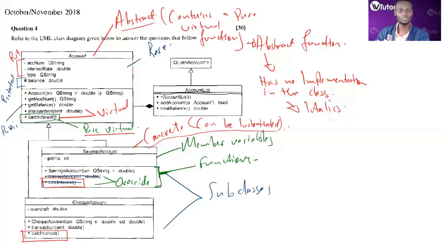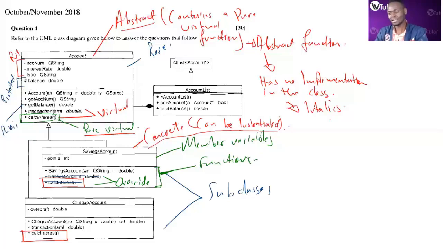So the moment a function becomes pure virtual, it must be in the subclass. It must be overridden by the subclass because it has no implementation in the base. How do you know that it's pure virtual? Because it's there in italics. How do you know that it's pure virtual? Because the class is also in italics. The class is abstract.